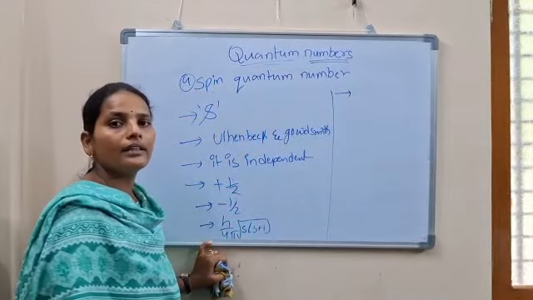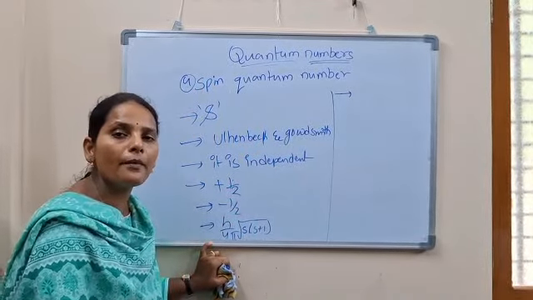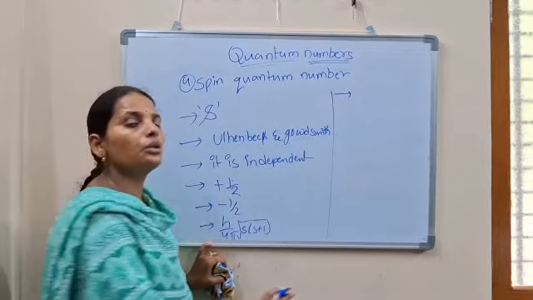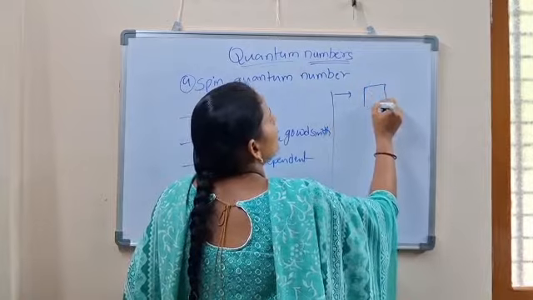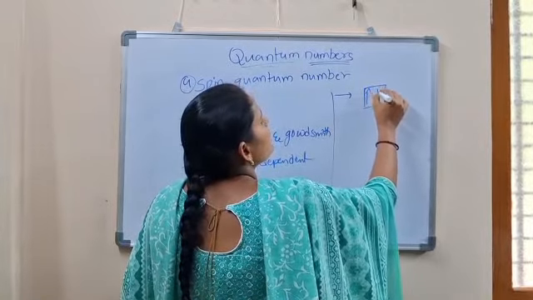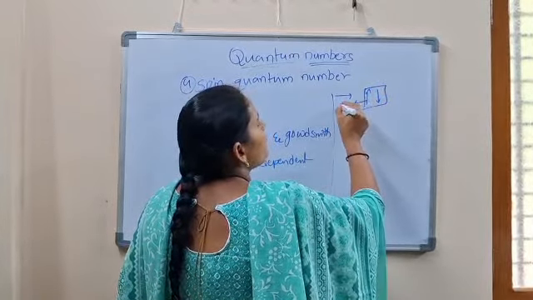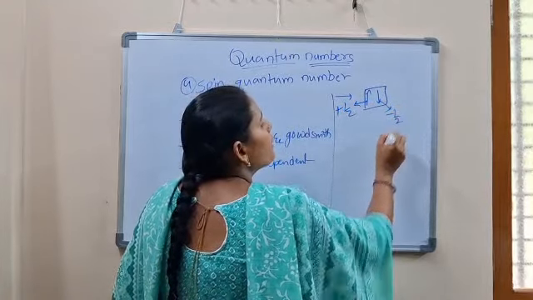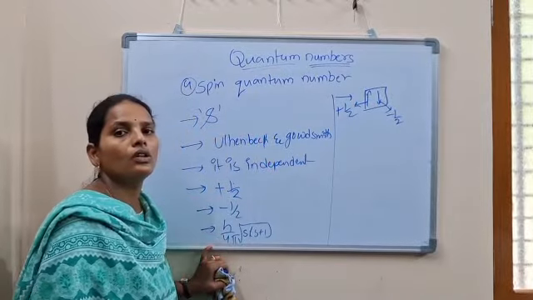It is explaining that the maximum number of electrons filled in the orbital is 2. This is the orbital, this is the high spin and this is the low spin. It is represented by plus half and it is represented by minus half.